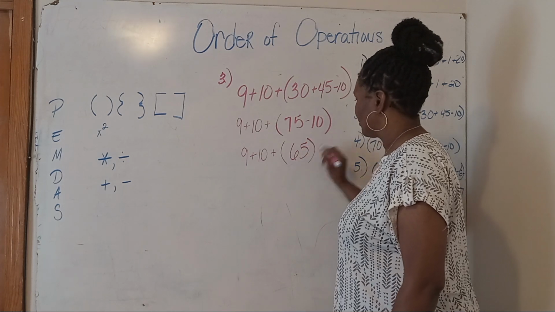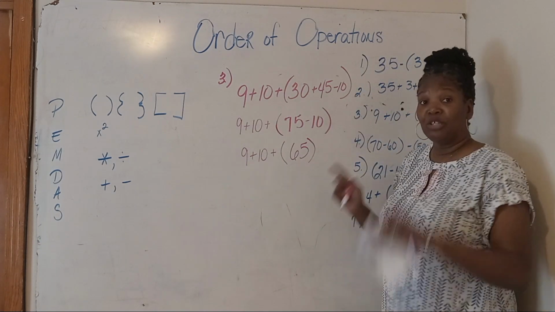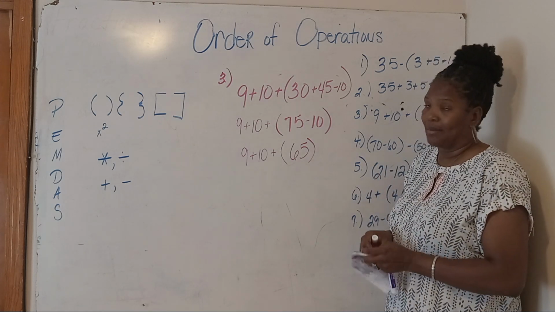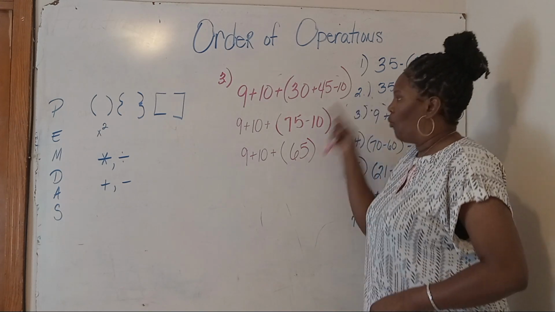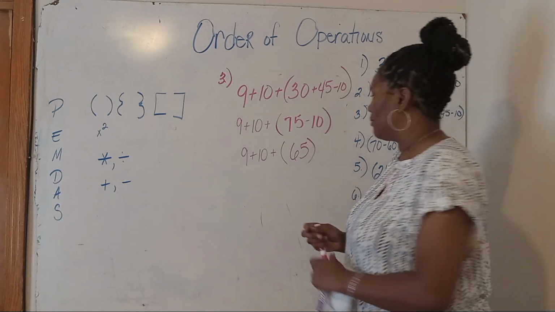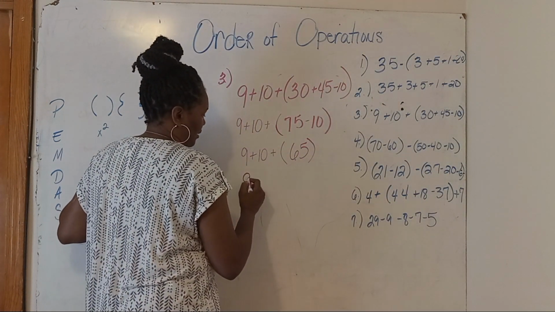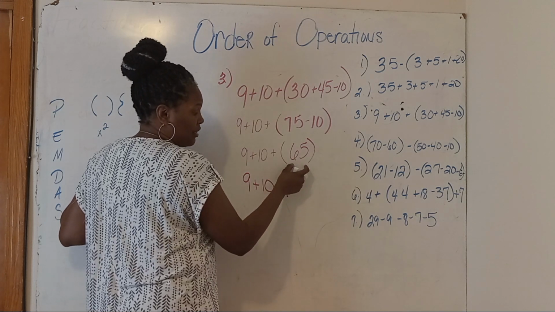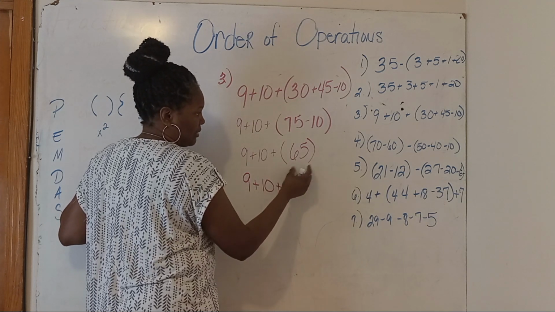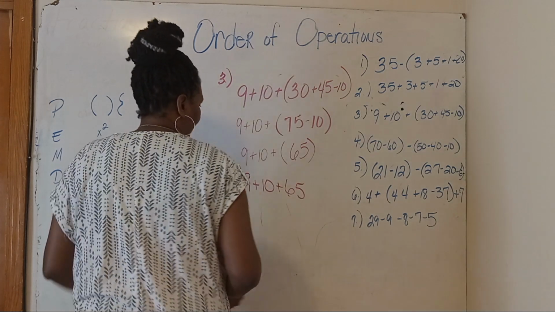65. Okay? So, you see how we're making a Dorito chip and we're doing one thing at a time. We're not trying to do this in our heads. We're just doing one thing at a time, okay? So now, we're going to bring it down. 9 plus 10. Since there are no other numbers in this parentheses but the 65, we can bring down the 65.